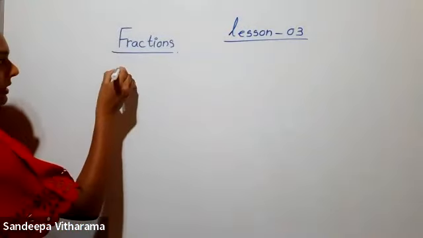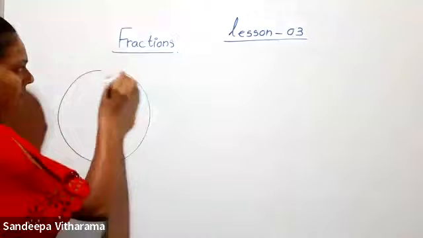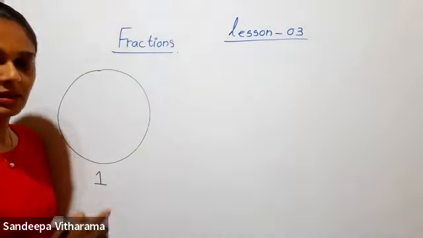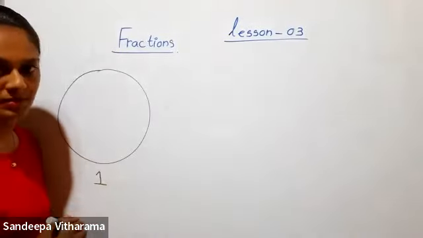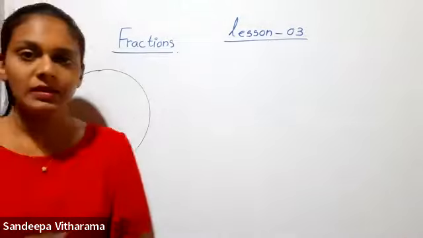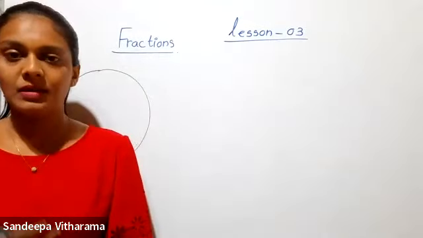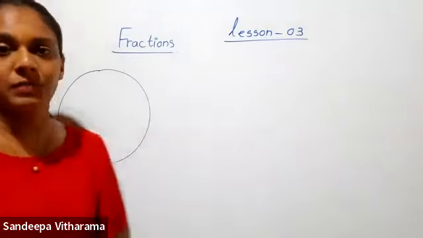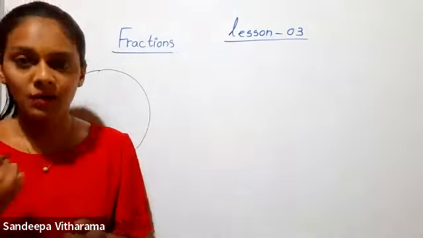You may think there is one whole, this is one pizza. Okay. Then I want to express that I have eaten a particular piece of pizza out of this whole. So how do I express this?